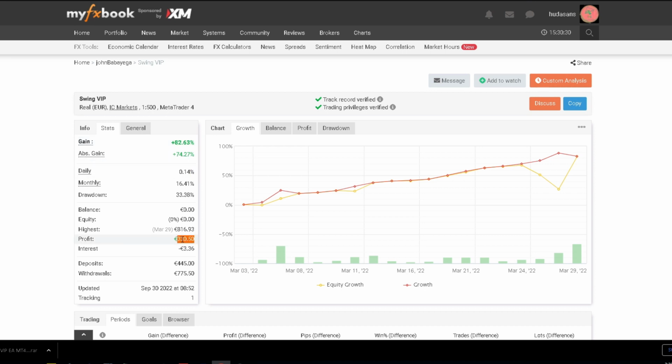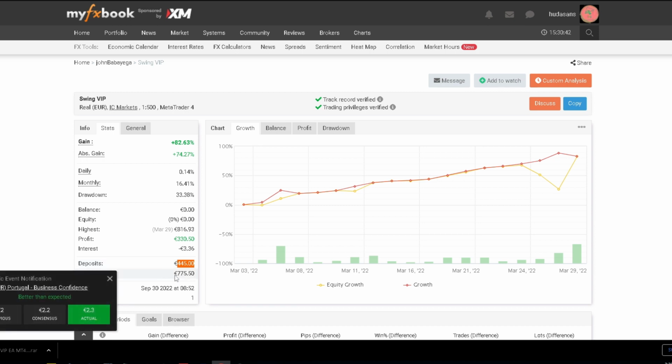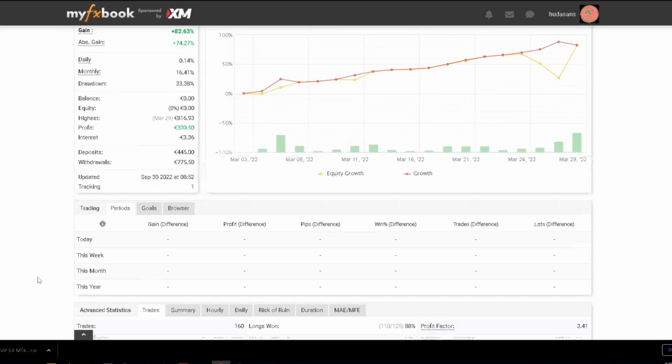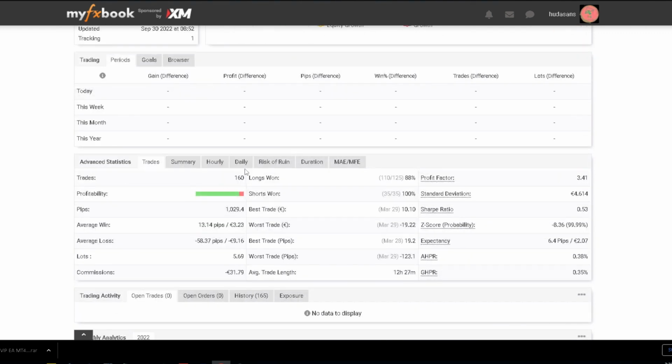The profit earned was €330 from a capital of €445. Trading is only carried out 1 month only, and already in withdrawals a total of €775. Total trading for 1 month 160 transactions.